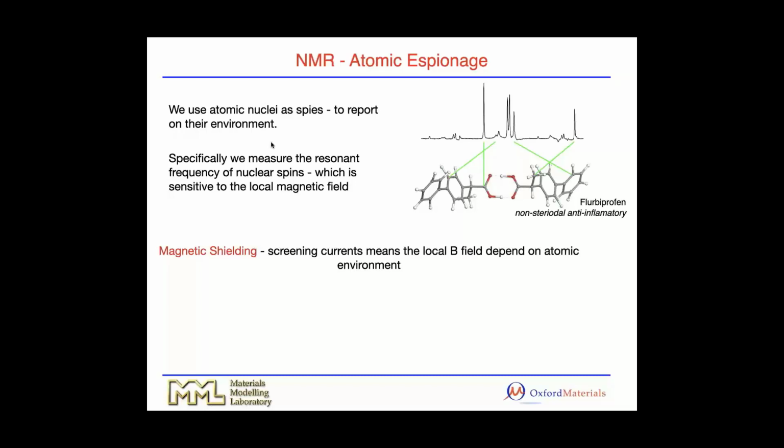Okay, now the challenge with NMR is that whereas in diffraction we have Bragg's law, and Bragg's law helps us interpret what we see in terms of experiment and relates it back to the crystal structure, there's no easy theory that allows us to interpret what we see in an NMR experiment.